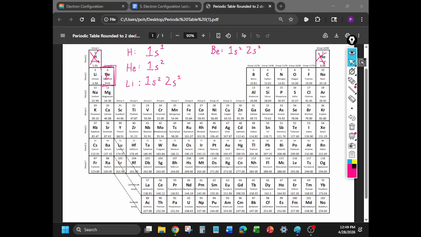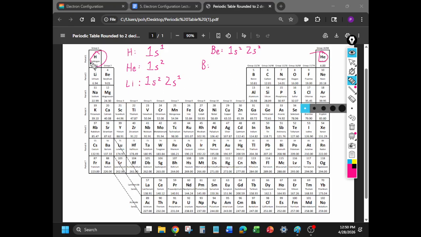All right, I'll show you the next one, and then let's see if you guys can try the one after that. We're going to do boron now. So if we take a look at boron, same thing as before. To get to boron, we need to go through all of these other boxes, right?